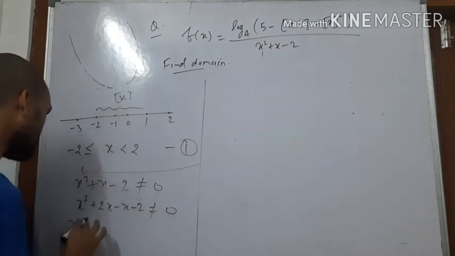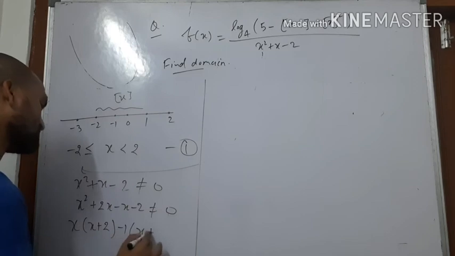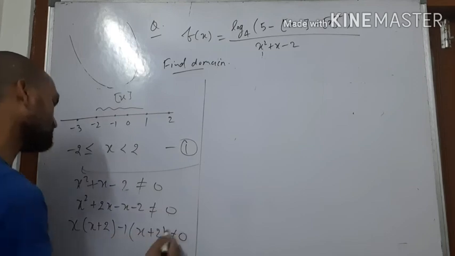The first pair will be x plus 2, and here minus 1, so x plus 2 is not equal to 0.